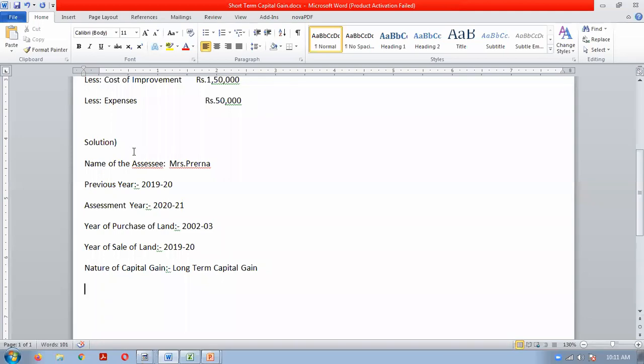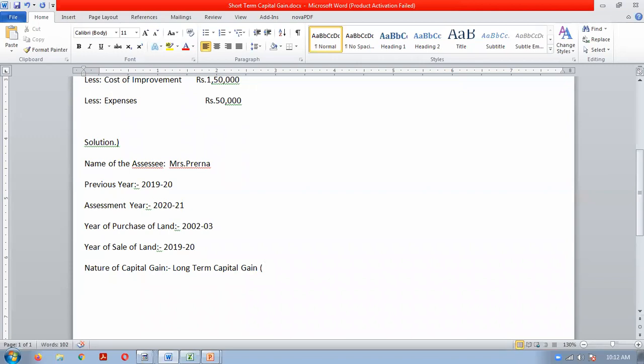So these are the basic details which we have noted down for our calculation. Clear this much, everybody? Okay, name of the assessee, previous year, assessment year, year of purchase, year of sale we have written, nature of capital gain, long term.